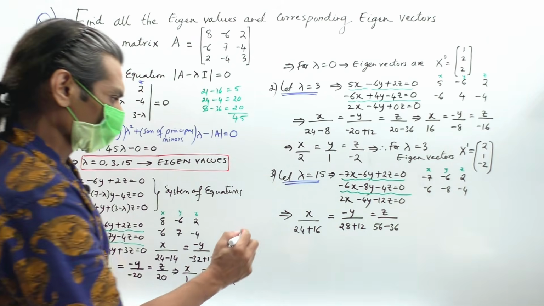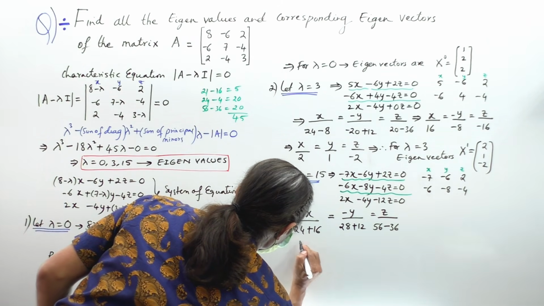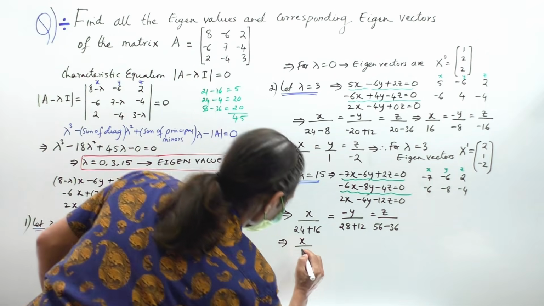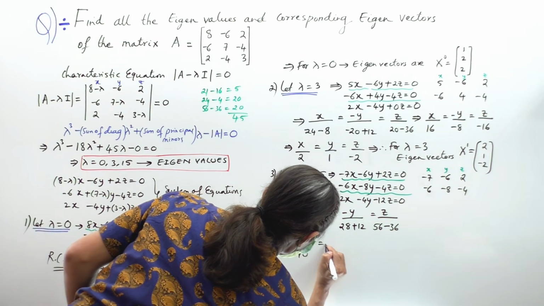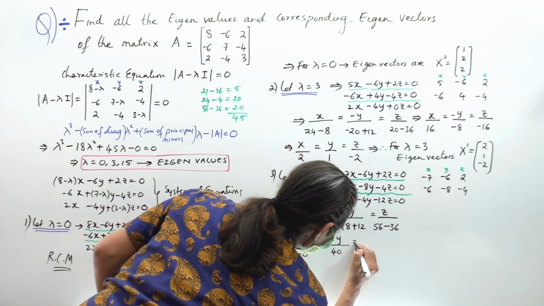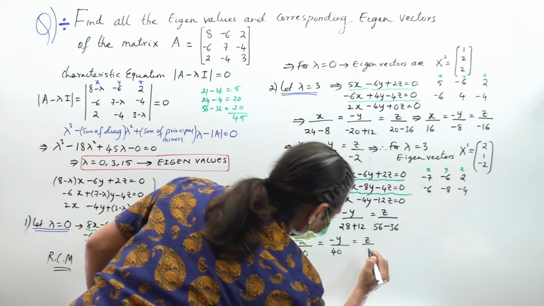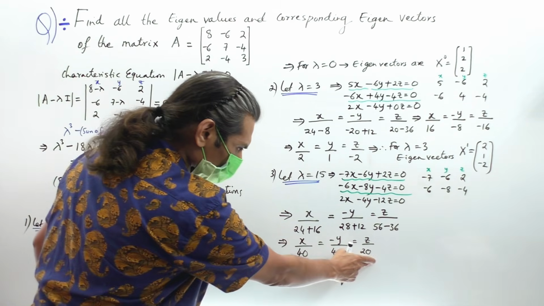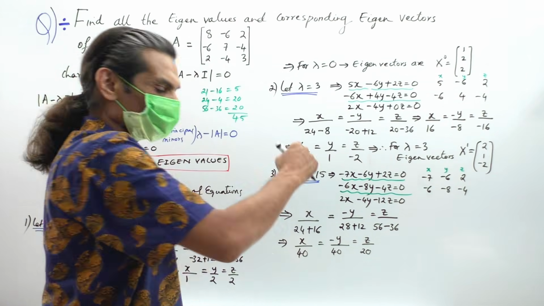Fine. So it implies x divided by 24 plus 16, it is 40, minus y by again 40, again z by 20. Now it's done. So I can divide by 2: 2 1s are 2, 2 2s are 4, 2 2s are 40.